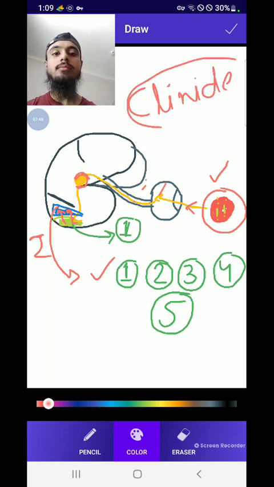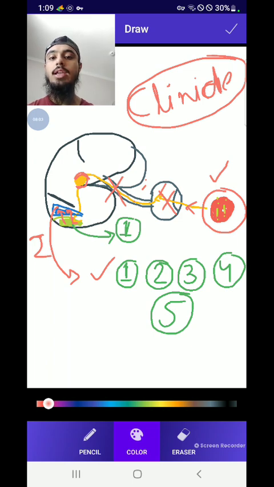When there is damage to this pathway, wherever it is, in the retina, in the optic chiasma, in the lateral geniculate nucleus, anywhere in the pathway, what is the clinical appearance? The patient cannot see the object. If the patient cannot see the object, can they visualize or recognize it? No. The patient cannot see any object.